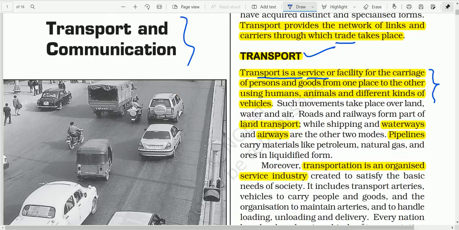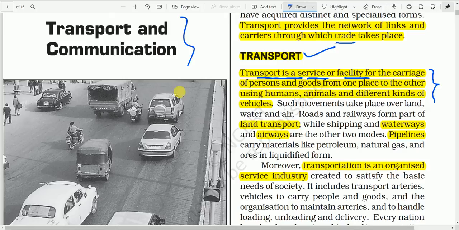It is a kind of service or facility for the carriage of persons and goods from one place to another by different means, maybe by human beings or by animals or by different vehicles. Such movements of commodities or human beings take place over land, water, and air.